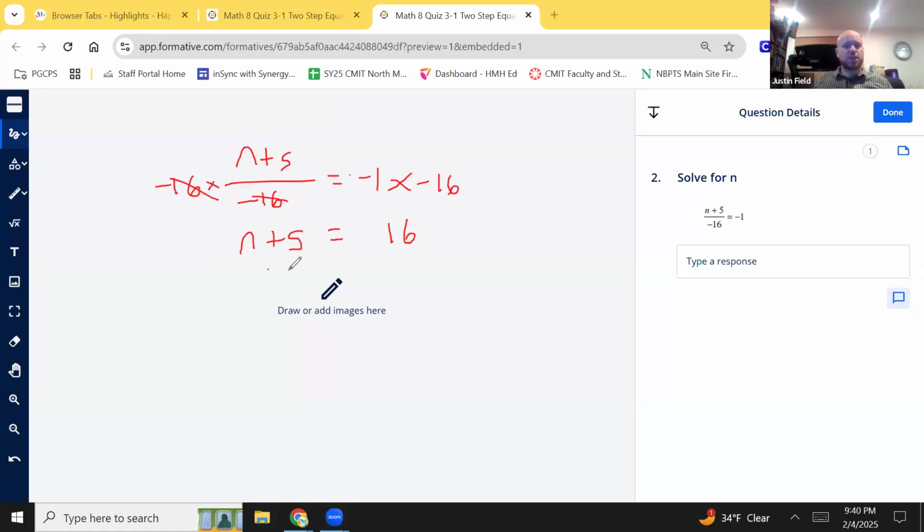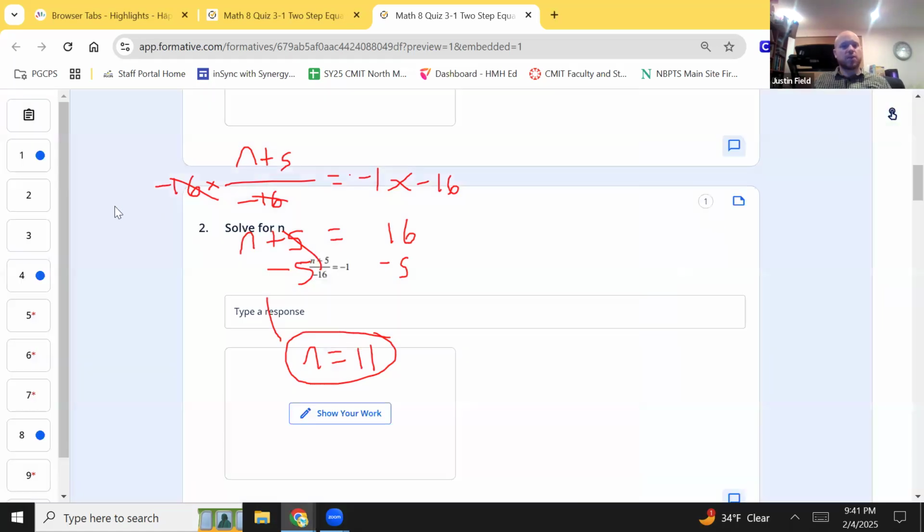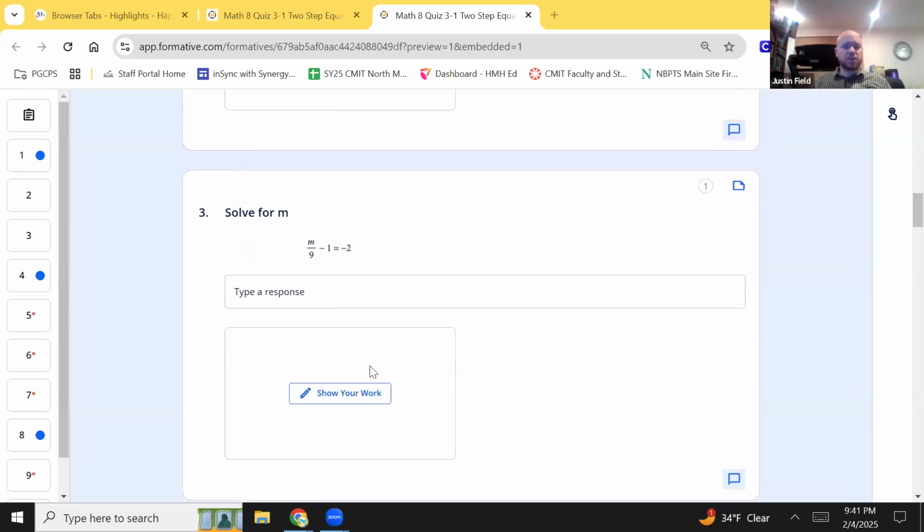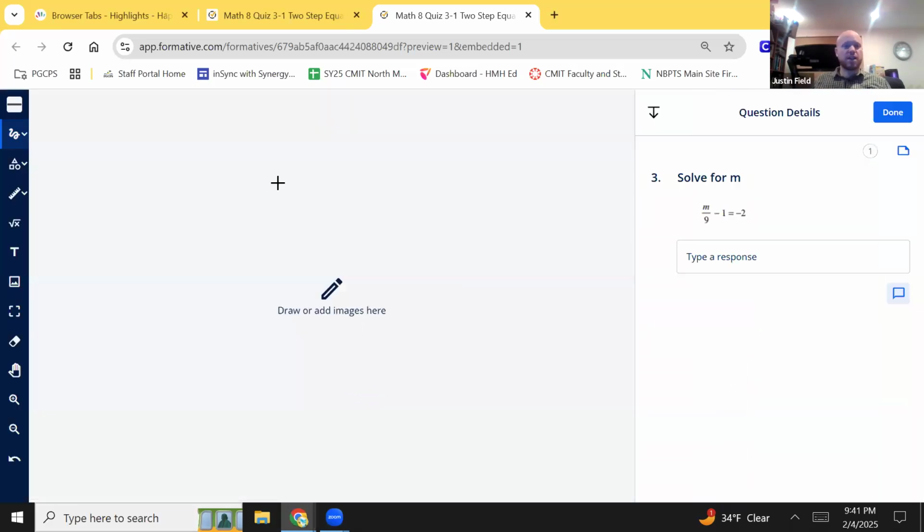Okay. And then we just need to get the constant terms on the left this time. So n equals 16 minus 5, 11. Okay, so it's a little different inverse operations, but you can go through the two-step equations on Khan Academy and even on IXL and make a little chart of all the different ones that you see so that you have all the examples.